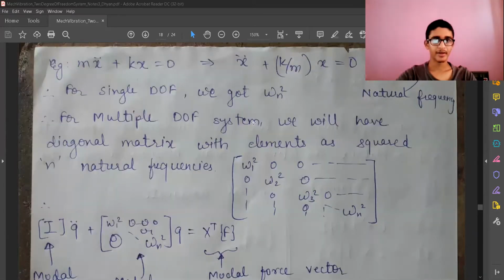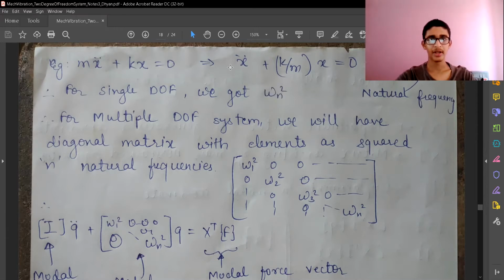Now let's come to this. For a single degree of freedom system, we had omega square as the coefficient of x when we had one in front of x double dot, the excitation term.